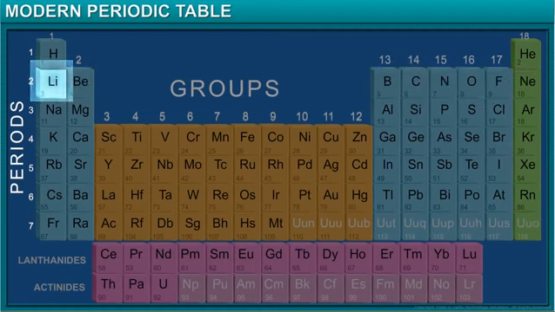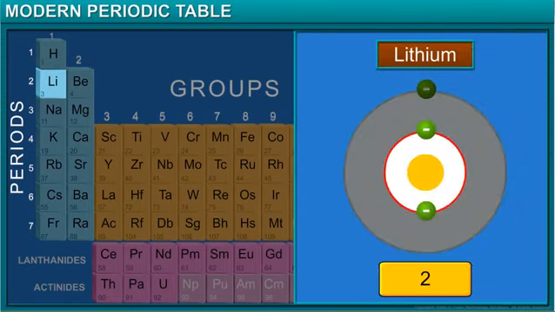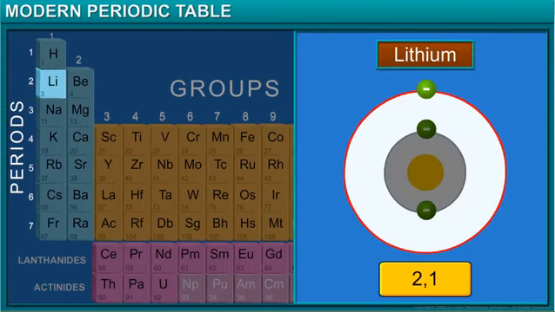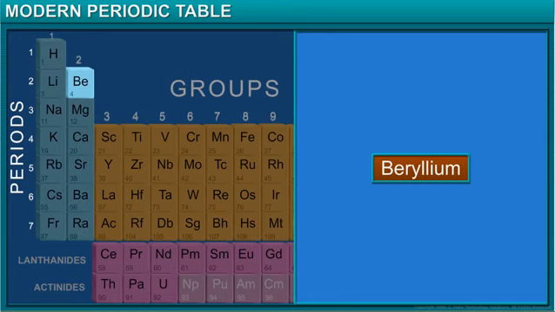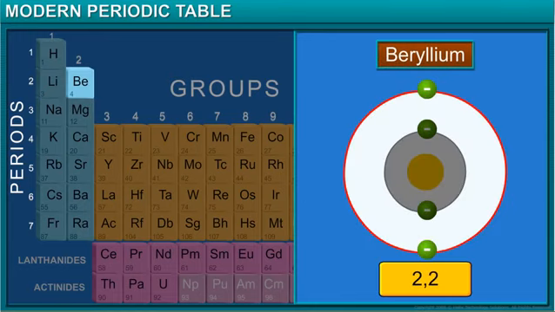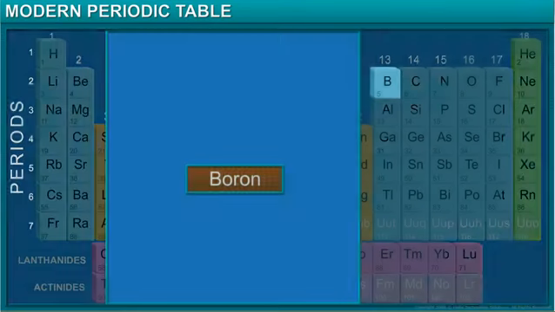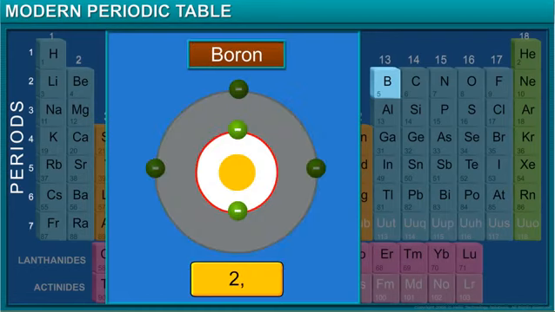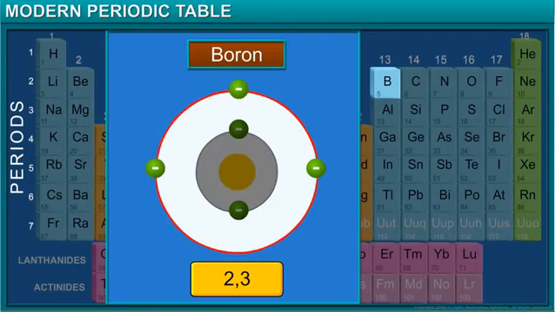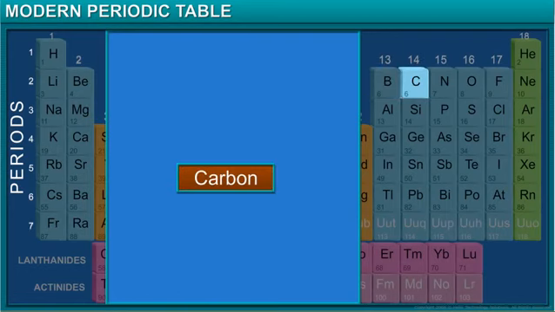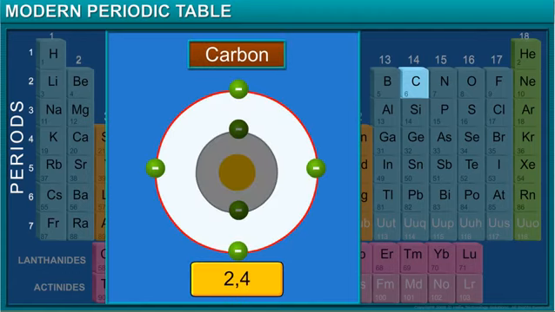The electronic configuration of lithium is 2, 1. Beryllium is 2, 2. Boron is 2, 3. Carbon is 2, 4.